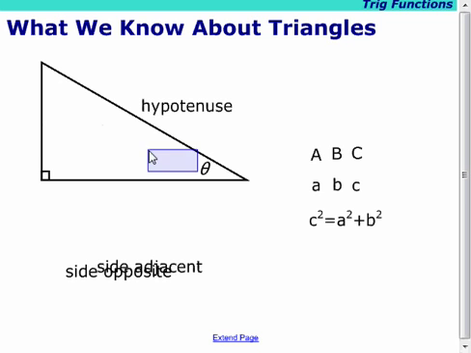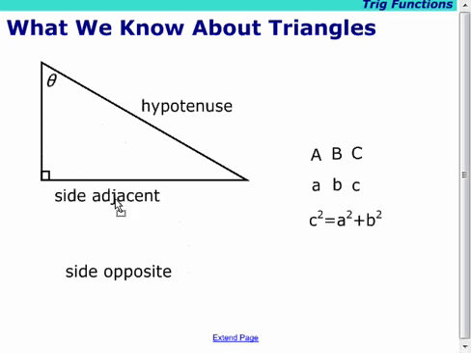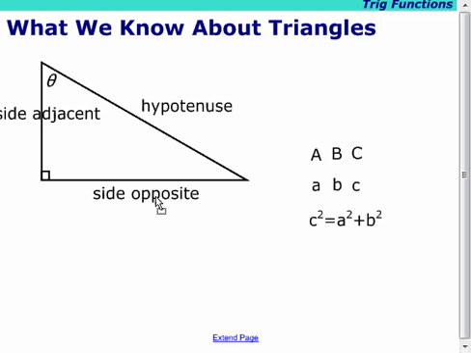If I switched my angle to up here, then my side adjacent would follow it and would be up there, making my side opposite down here. So make sure when you're dealing with any of the triangles that you fix your angle first and then plot your opposite versus adjacent. Also, we can label the sides and angles of our triangle.